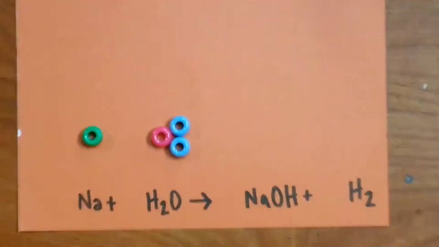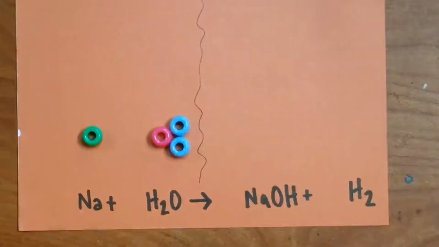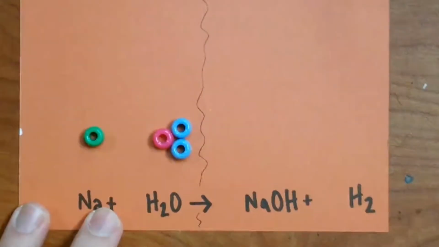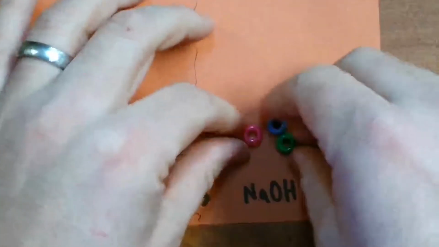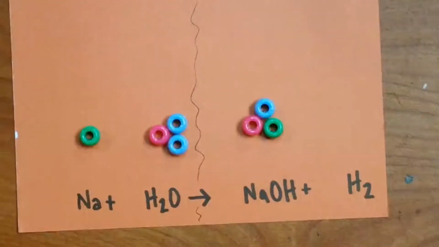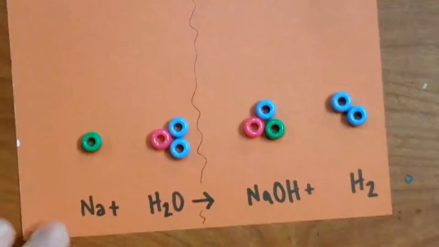Pink for oxygen, blue for hydrogen. I'm going to draw a little line so I know where the division is. And on here, I also have to represent NaOH, so sodium, oxygen, hydrogen. So there we go. And then H2. We got a group of H2.